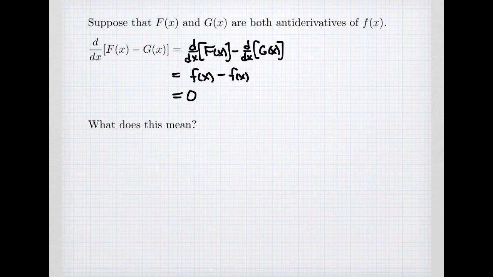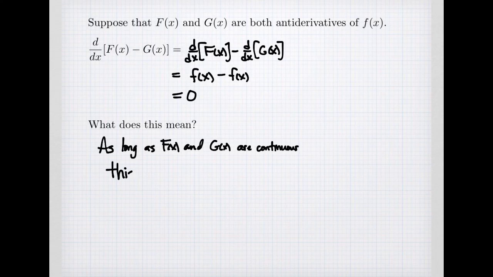What kind of functions have derivatives that are 0? Well, as long as F and G are continuous, so that there are no breaks in the functions, this tells me that F minus G must be a constant.